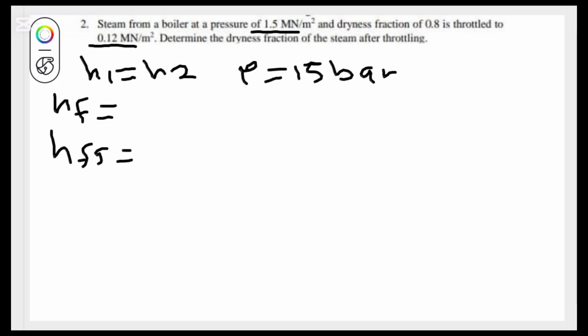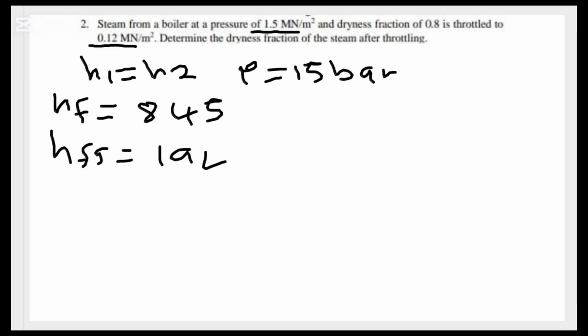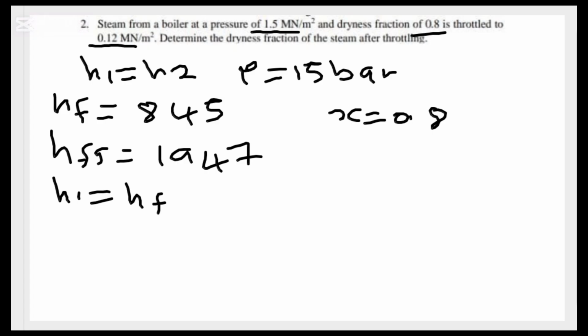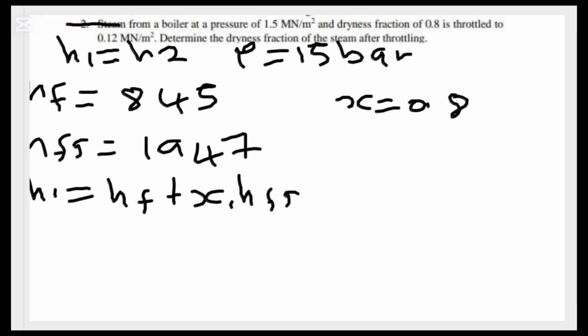As you can see, h_f is 845 from the steam table, and h_fg is 1947. Since our dryness fraction x1 is 0.8, h1 will be equal to h_f plus x1 times h_fg.